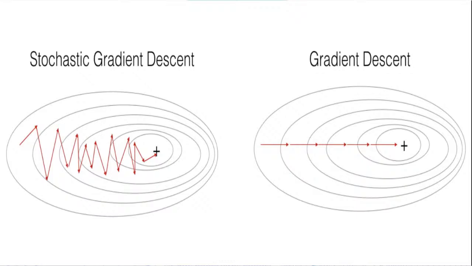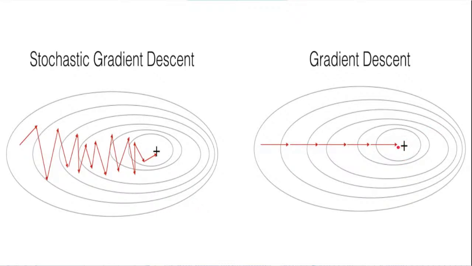Since only one sample from the dataset is chosen at random for each iteration, the path taken by the algorithm to reach the minimum, which is here, is usually noisier compared to the typical gradient descent algorithm, which takes a straight path to reach the minimum.